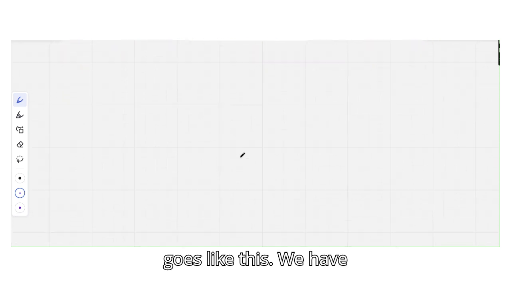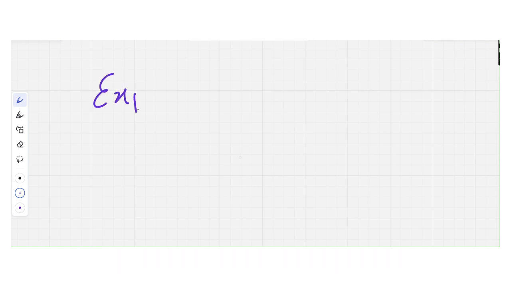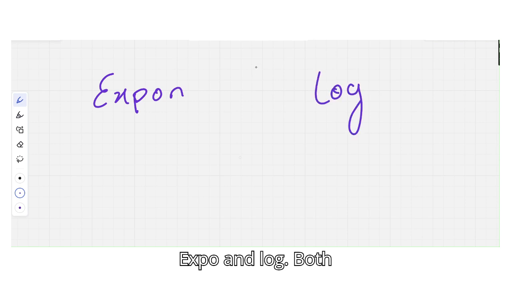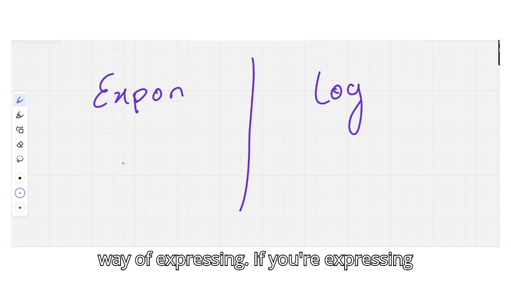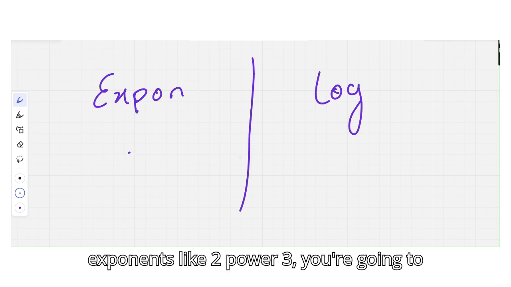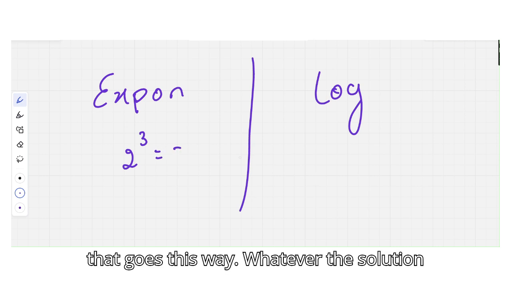It goes like this. We have exponentials and we have logarithms. Expo and log are both the same thing, it's just a way of expressing. If you're expressing exponents like 2 power 3, you're going to represent the same thing in terms of log this way.